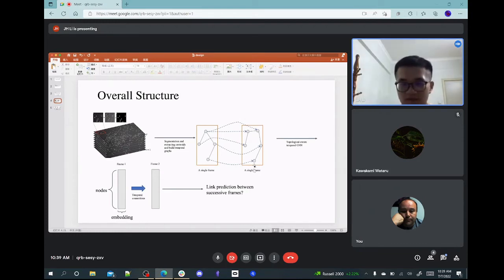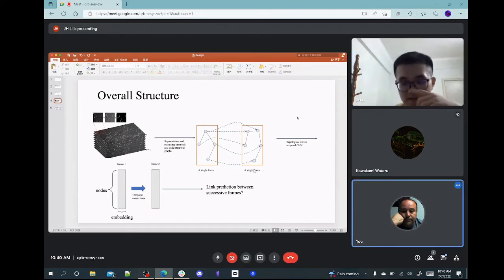Actually there are lots of choices, but the most important is that we build such a graph for such a frame because we want to use the topological information of this frame. I'll explain in detail in the next slide.